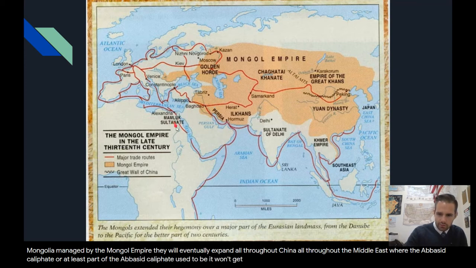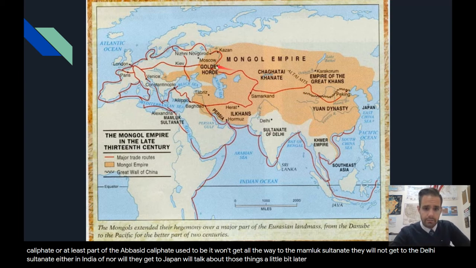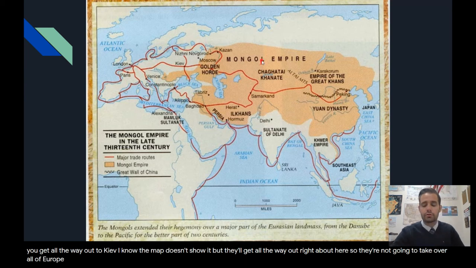They won't get all the way to the Mamluk Sultanate. They will not get to the Delhi Sultanate either in India, nor will they get to Japan. We'll talk about those things a little bit later. And then up here in the north, they'll actually get all the way out to Kiev. I know the map doesn't show it, but they'll get all the way out right about here. So they're not going to take over all of Europe, but they're going to take over most of Eurasia.